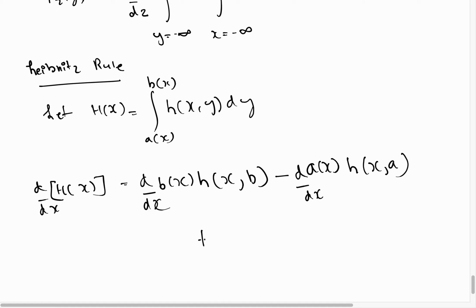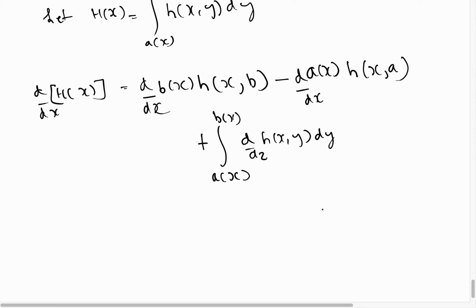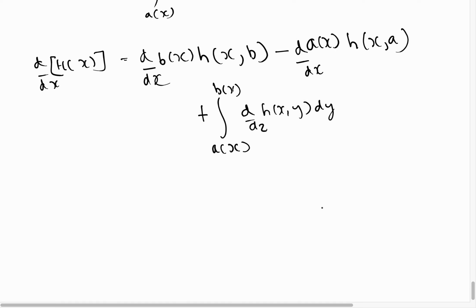It's not done, plus we have one more term here, the integral from the lower limit a(x) to b(x) of d by dx of h(x, y) dy. Okay, so this is going to be our Leibniz rule.